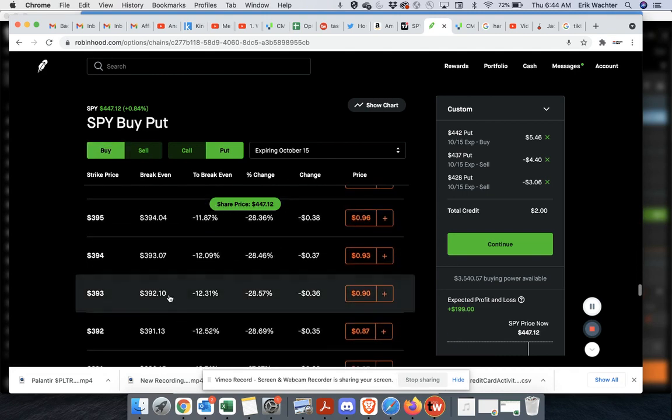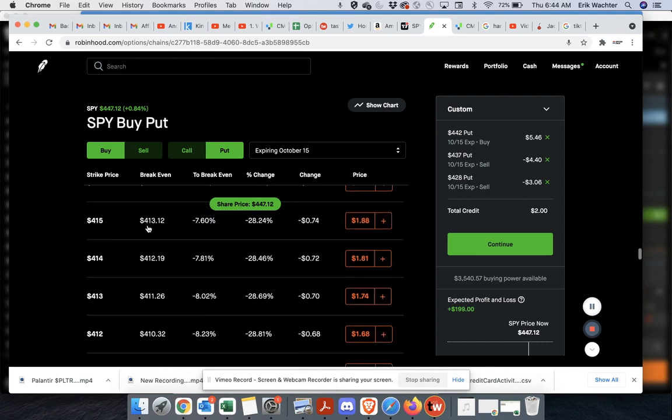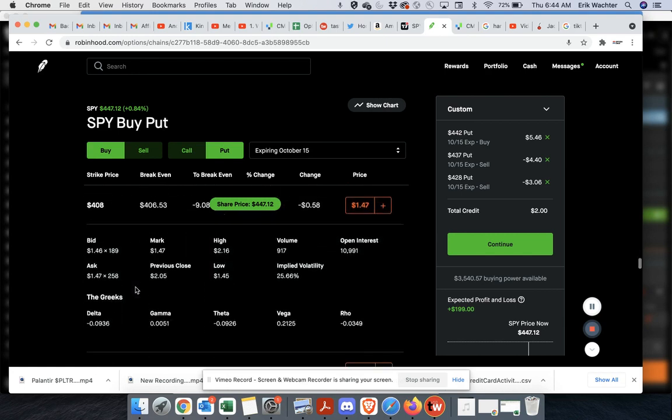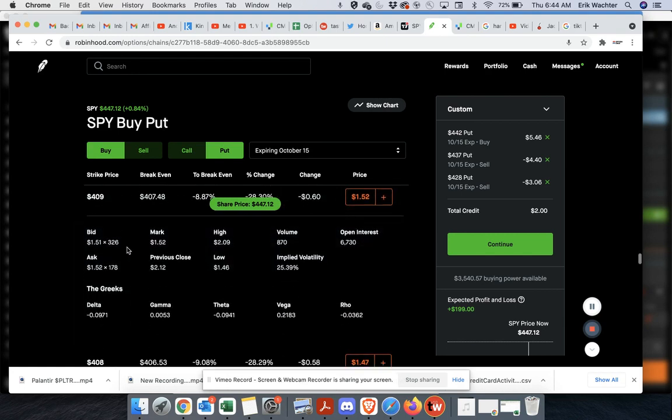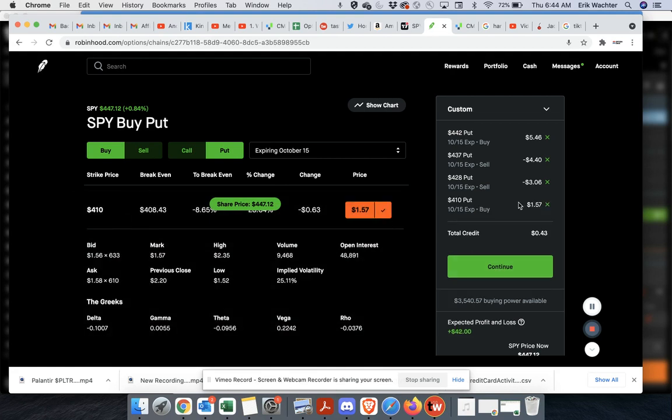Okay, so 10 delta is pretty far down. Let's go with 410, 10 delta. Okay, so as you can see, right now the strategy has us buying and selling one of each.